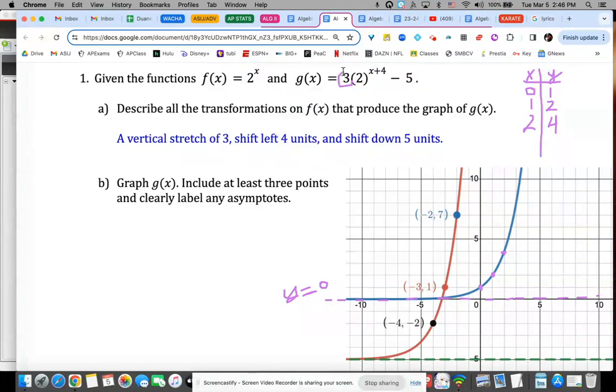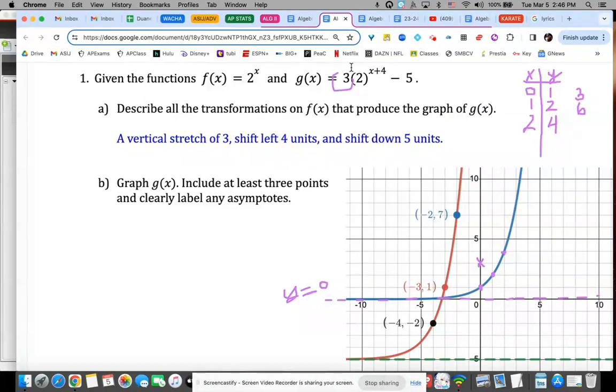So I have this vertical stretch of 3. What that means is all the y values are going to get multiplied by 3. So this 1 I have here would go to 3, and so I'd have 0, 3 on my graph. If I put a 1 in, this 2 is going to go to 6 now, because 2 times 3 is 6.